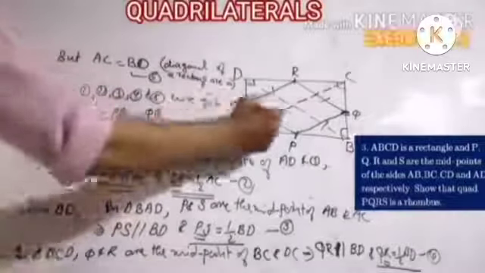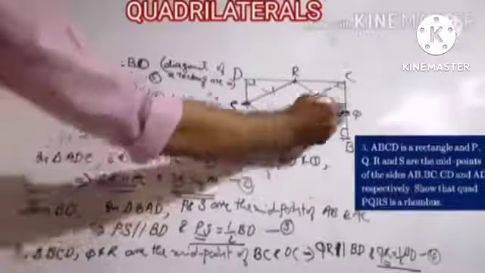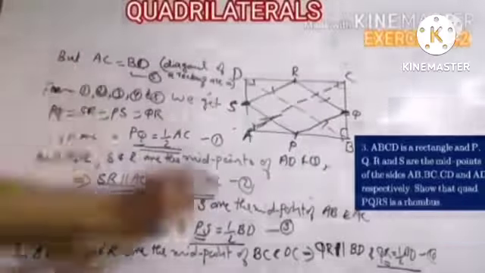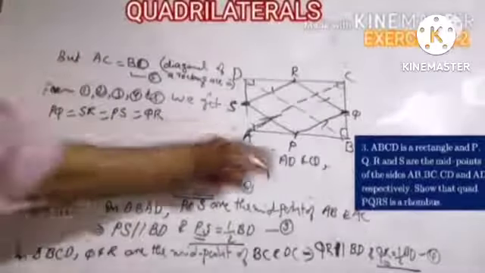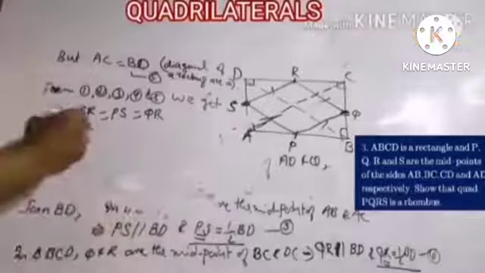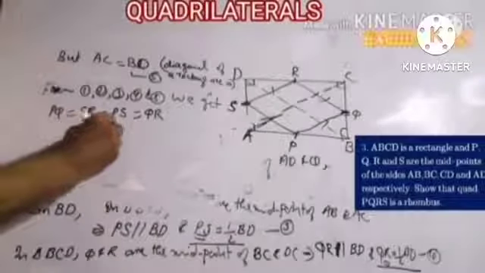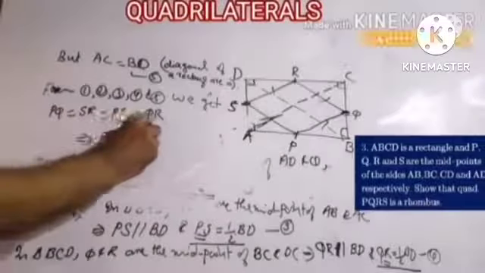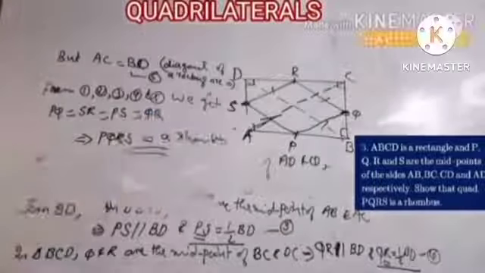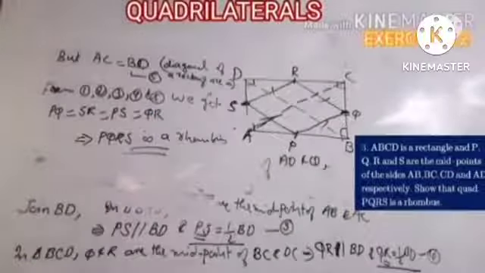All sides are completed here. So in PQRS all sides are equal, that becomes a rhombus, which implies PQRS is a rhombus.